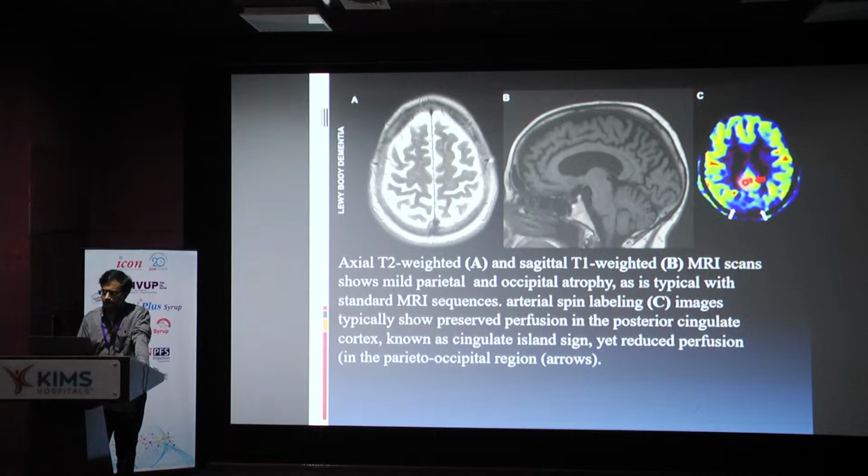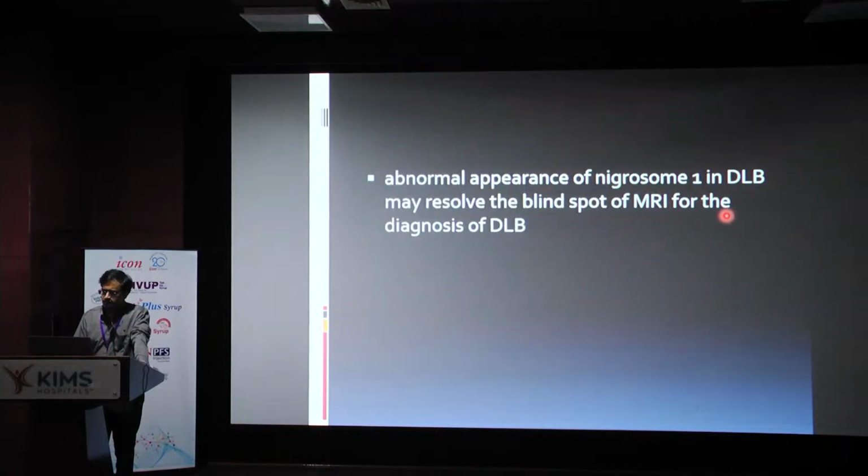The posterior cingulate cortex is still showing a good amount of perfusion, the red arrow, what we call a preserved posterior cingulate island sign. So this is one thing. And from the imaging point of view, what other things do we see in DLB? As in most Parkinson's patients, we look for the preservation of the swallowtail sign.